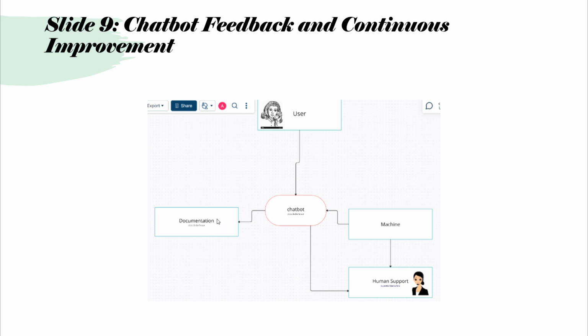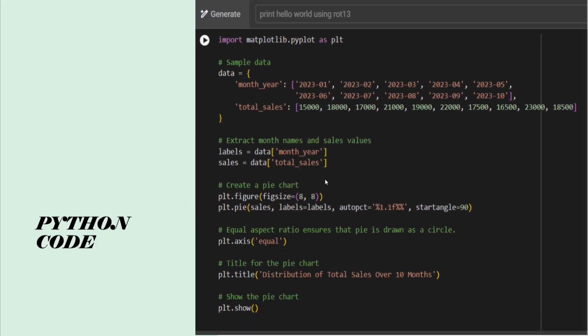It searches the documentation, and when it does not get the right response, it goes back to the machine and the machine to the human support. The human support will receive the message and communicate directly to the user.